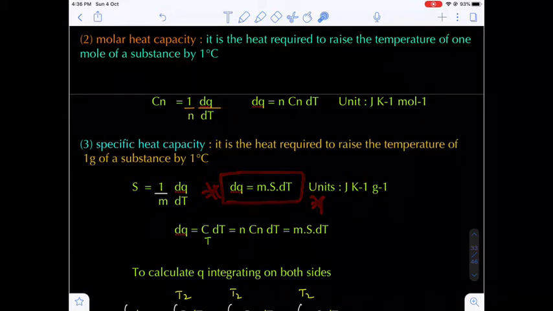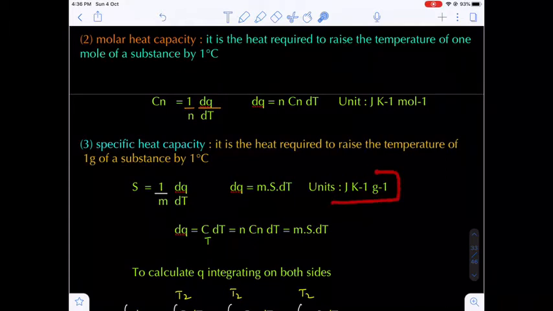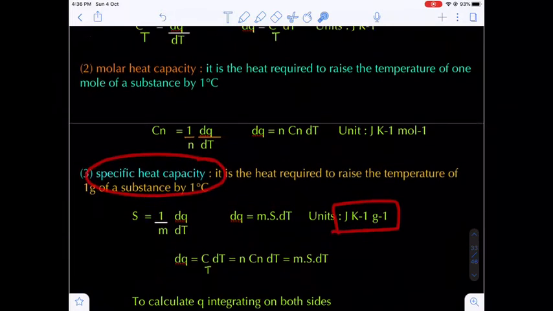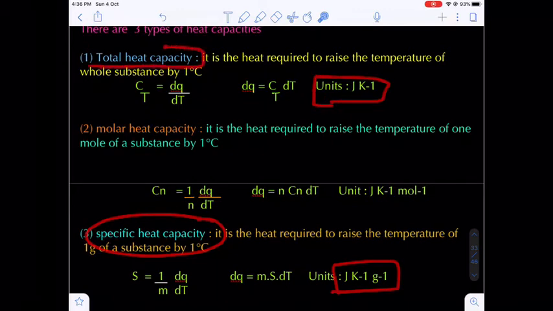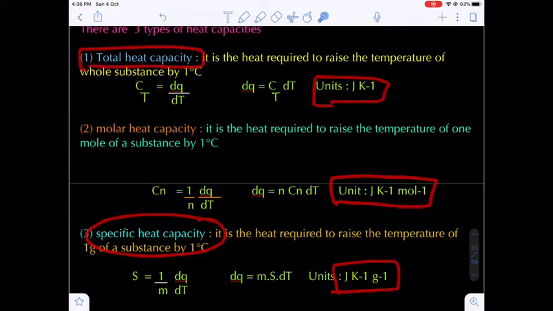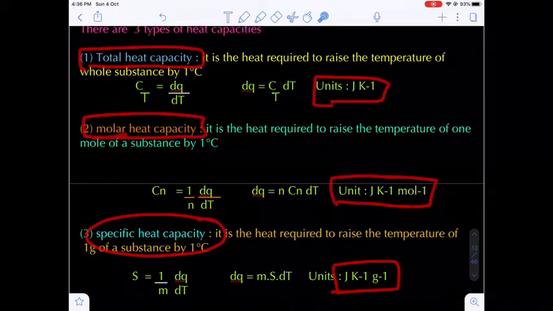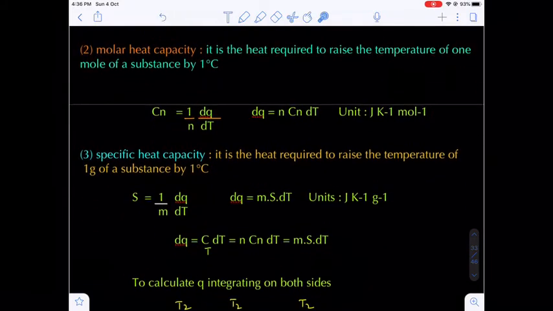The units for specific heat capacity are joule per Kelvin per gram. If the units are joule per Kelvin, that is total heat capacity. If the units are joule per Kelvin per mole, that corresponds to molar heat capacity.